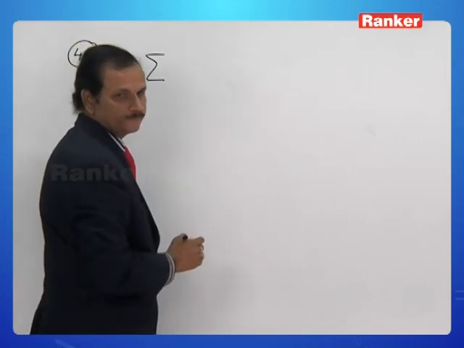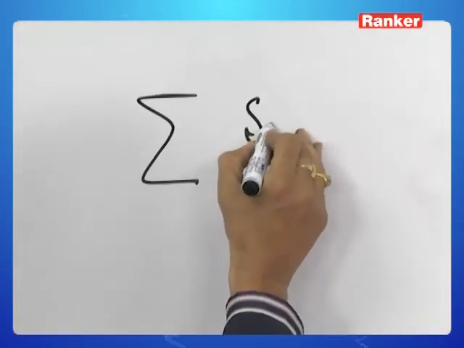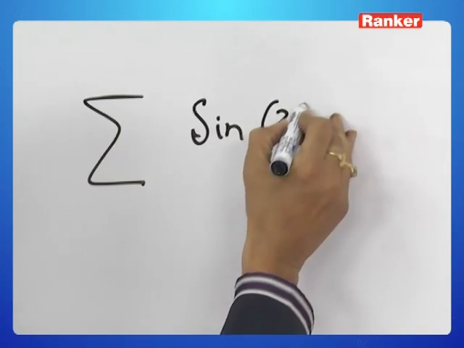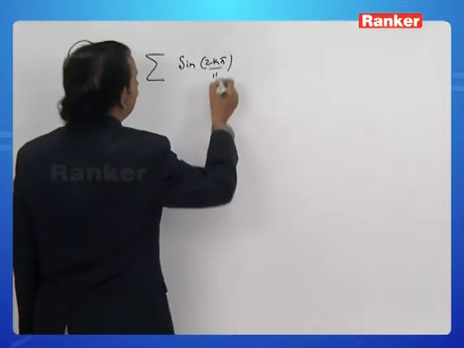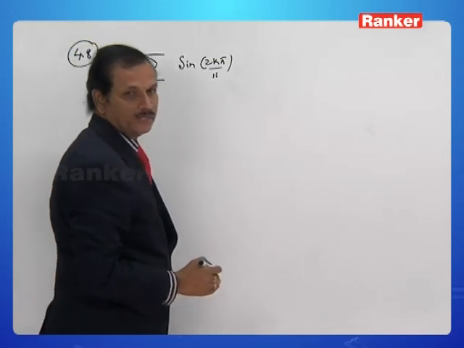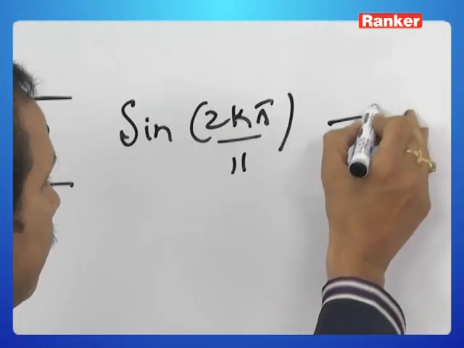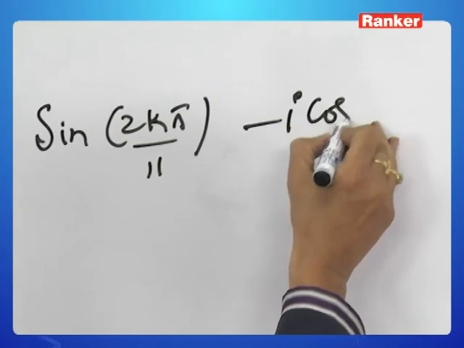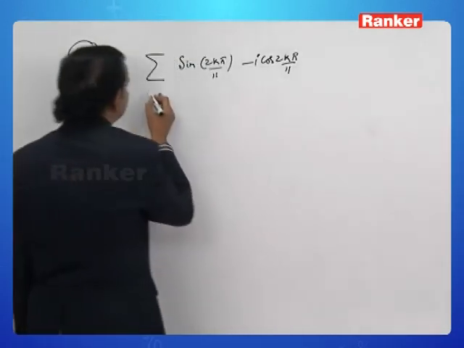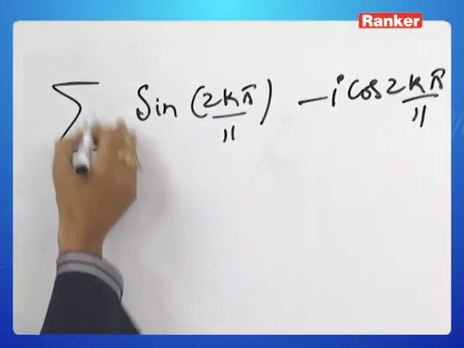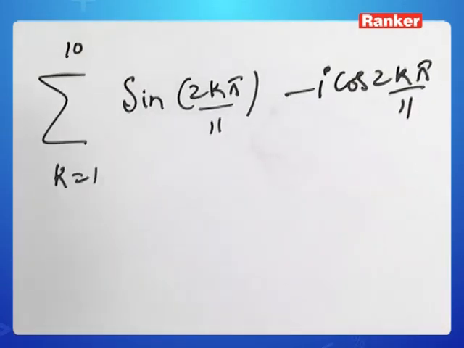Sigma of sine 2k pi by 11 minus i cos 2k pi by 11, k running from 1 to 10.